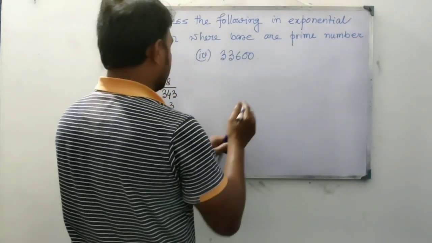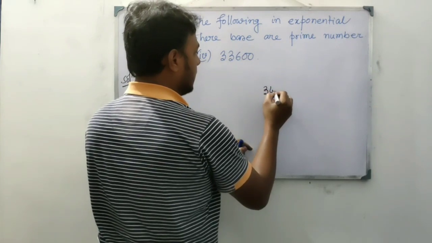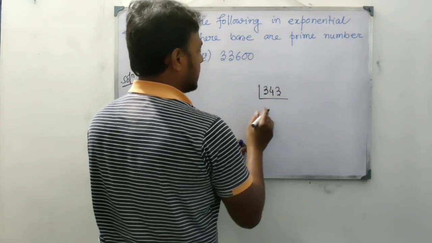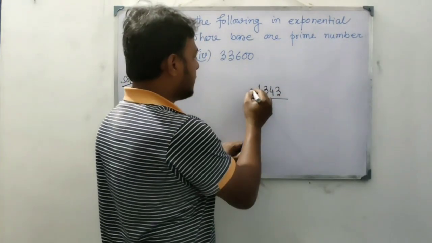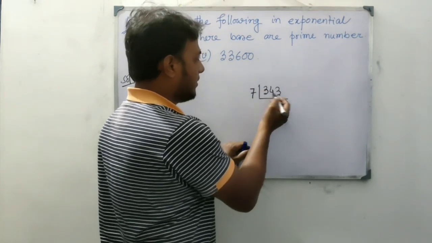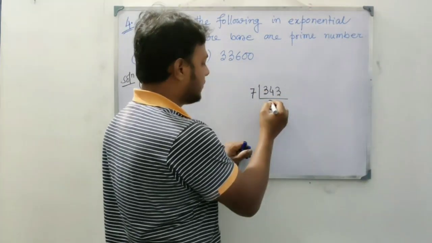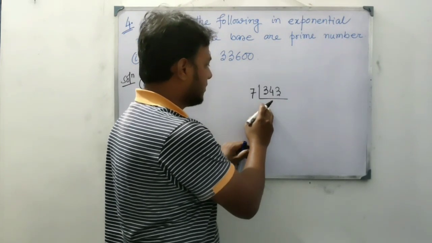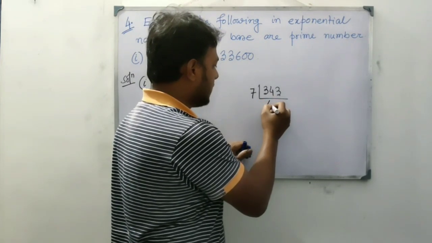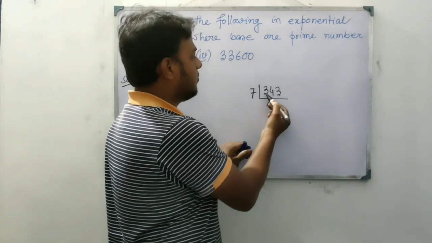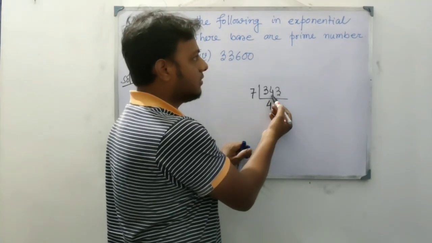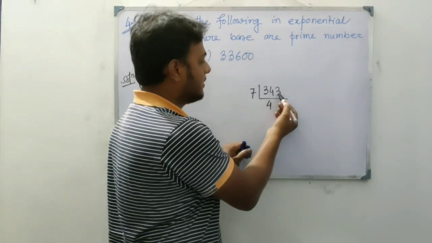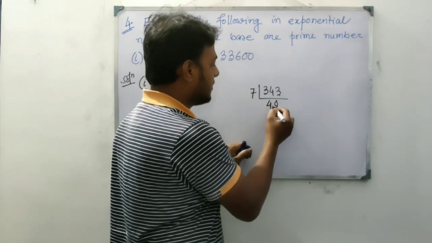again factorize the denominator, 343. First we have to divide by 7. Okay, 7 4s are 28, then 28 gone, so there is 6 and 3, 63, 7 9s are 63.